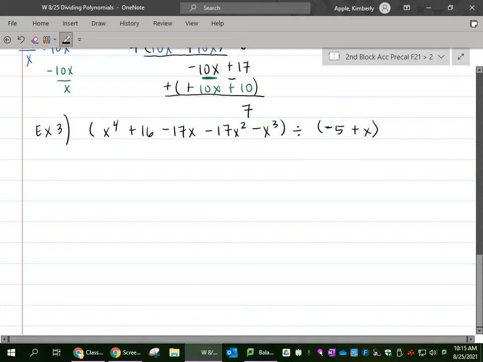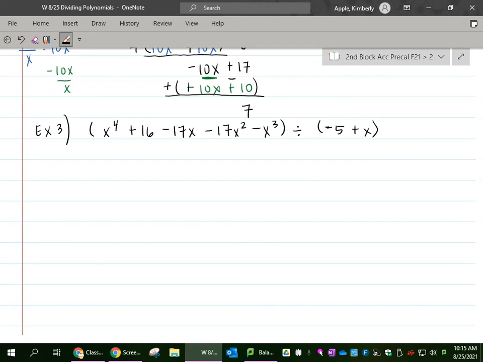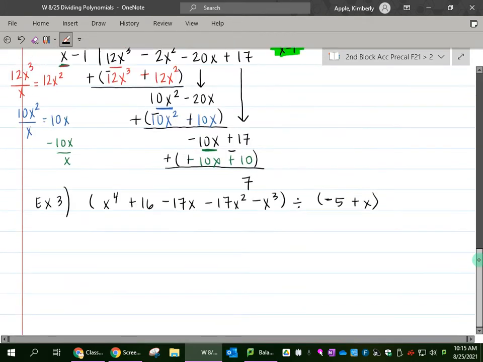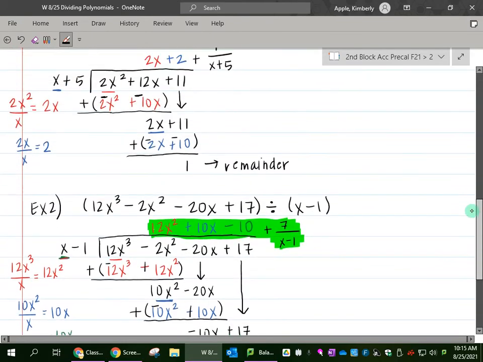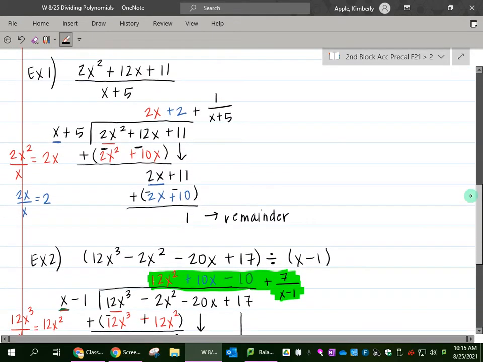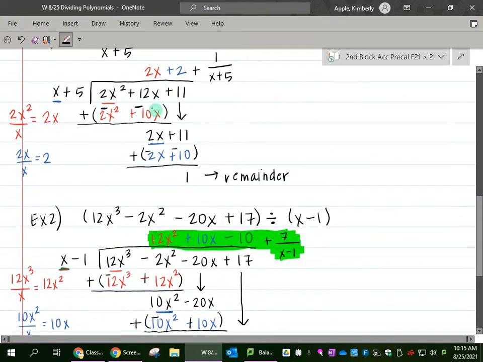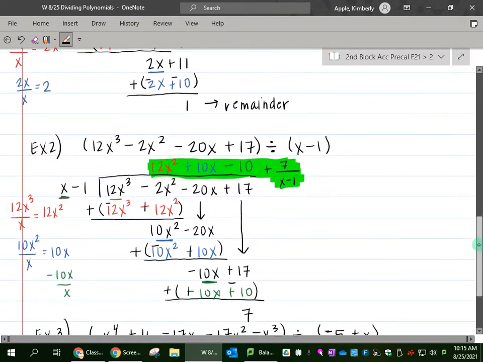All right, so on this one, let's look at the first two. Notice that the first two are in standard form. When I write these, they're nice and squared, power 1, power 0 of x. There's nothing missing. And the next one's in standard form as well.